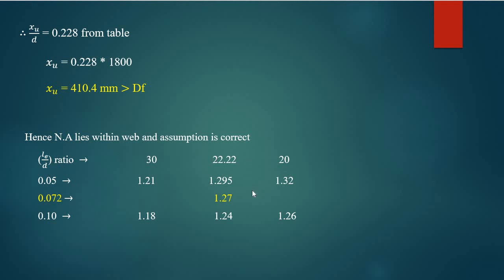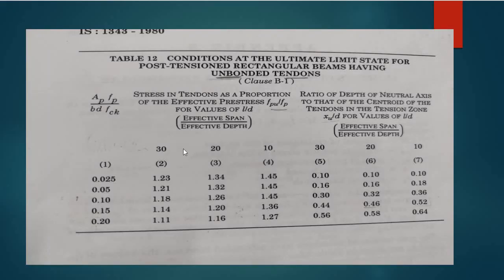The next thing we require is the L by D ratio again, for the second, third and fourth columns. That is ready, 22.22 is the L by D ratio. By using that, we should find out what the FPU by FPE ratio is. So how should we read?